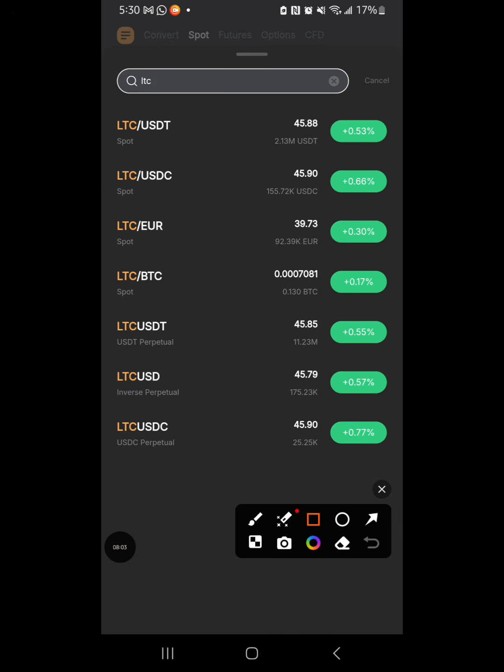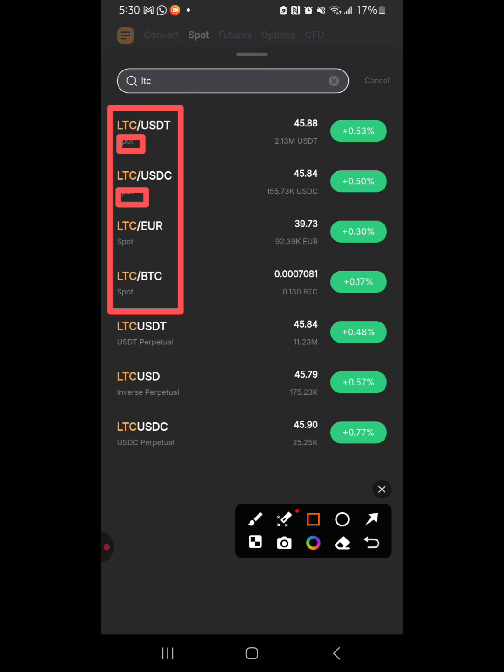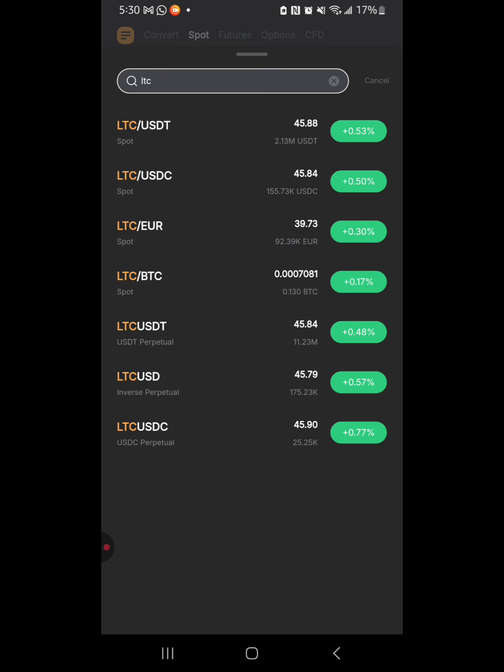We are going to be looking at these three currencies under spot. Remember, we chose spot initially during the selection of the cryptocurrency, so anything you should be doing in this scenario has to be on spot. As you can see, spot is written right below each of those currencies, which validates it.